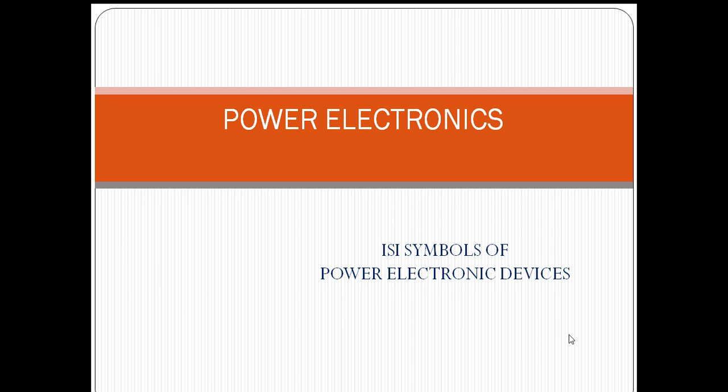So practical applications in domestic as well as industry we will discuss. In this video we will mainly focus on the very important representation, the ISI symbols of power electronic devices.